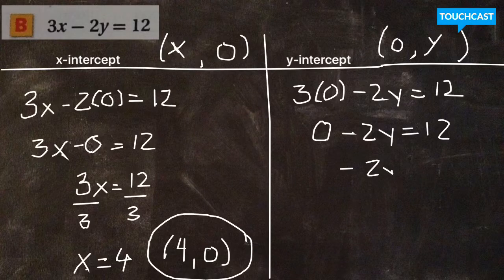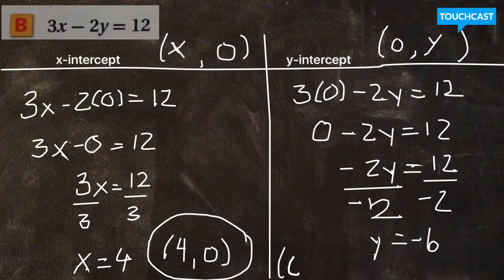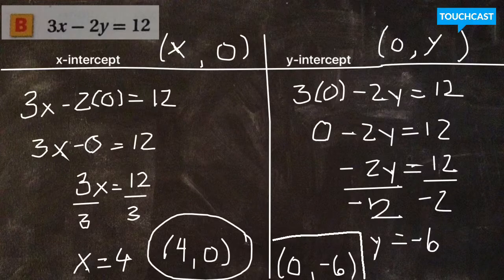And now we're going to solve this for y. So to do that, we're going to divide both sides by -2. And y is going to equal -6. So our y-intercept is at -6, or the point 0, -6. So we found the x and the y-intercept of the equation 3x minus 2y equals 12.